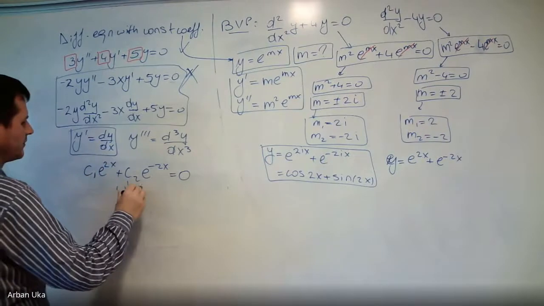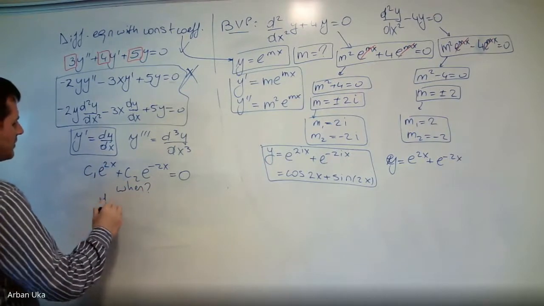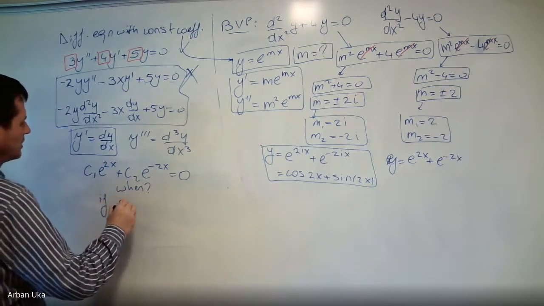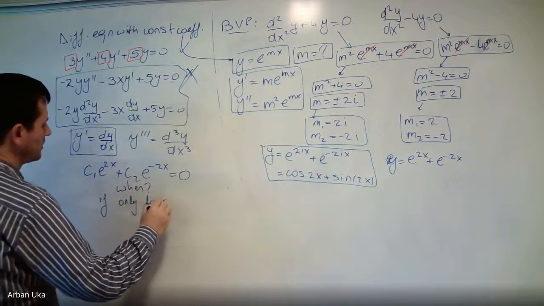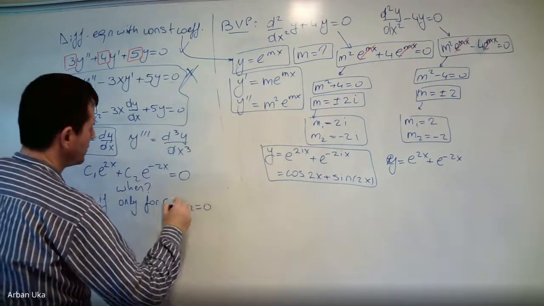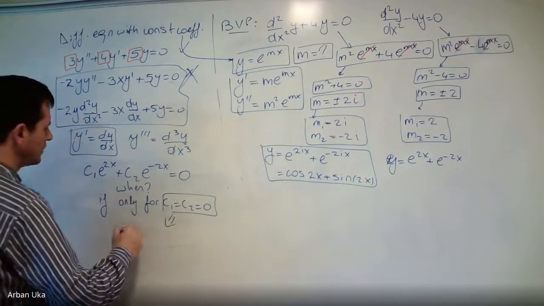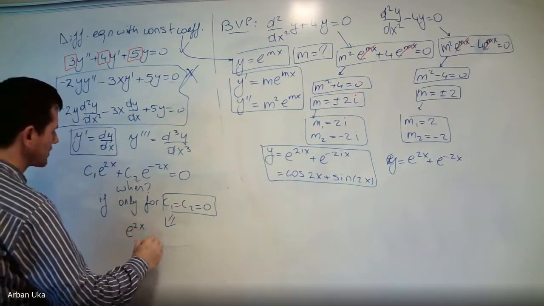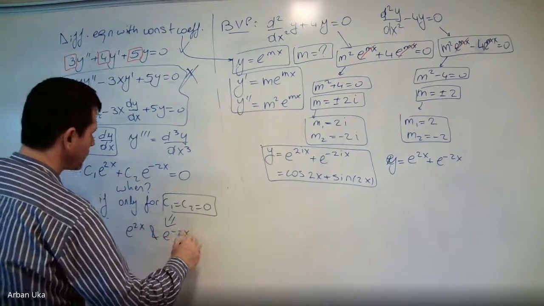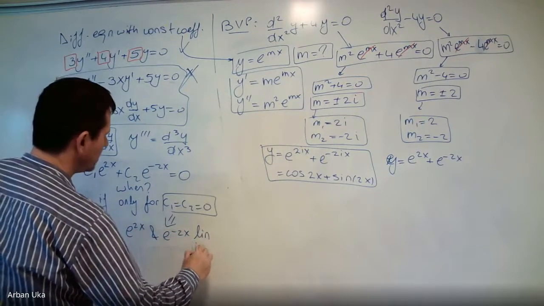When? If only for C1 equal to C2 equal to 0, if it is 0 only in this case, here we imply that e to the power 2x and e to the power minus 2x are linearly independent functions.